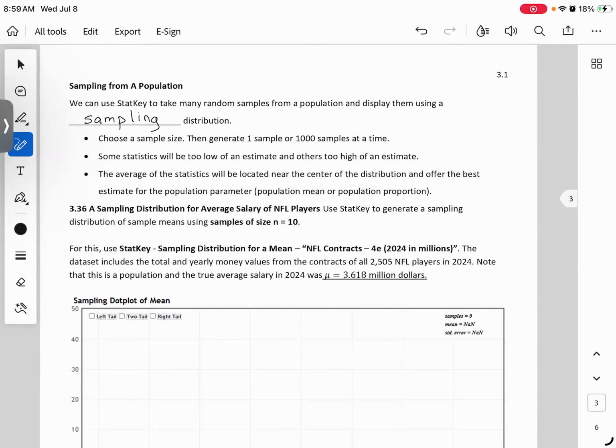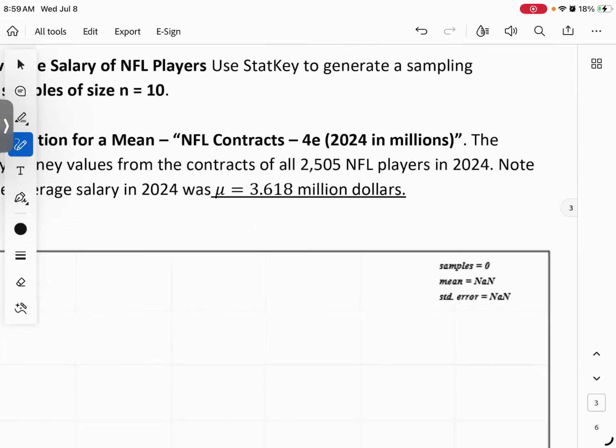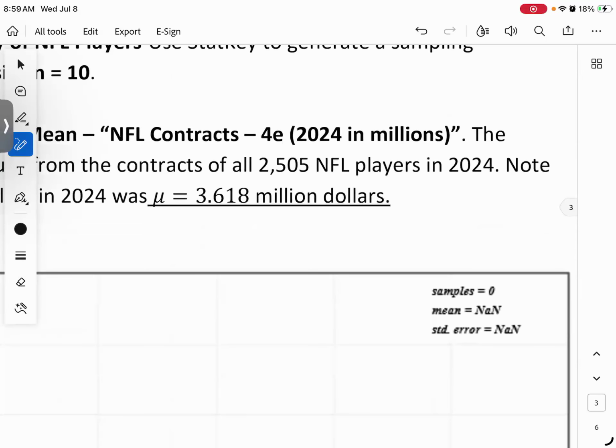So here's what we're going to do. We're going to do an example here that first starts off with telling us what the truth is. When you think about NFL football players, these are professional athletes, they get paid a lot of money. In 2024, they got every single NFL player and put into a data set how much they were all getting paid.